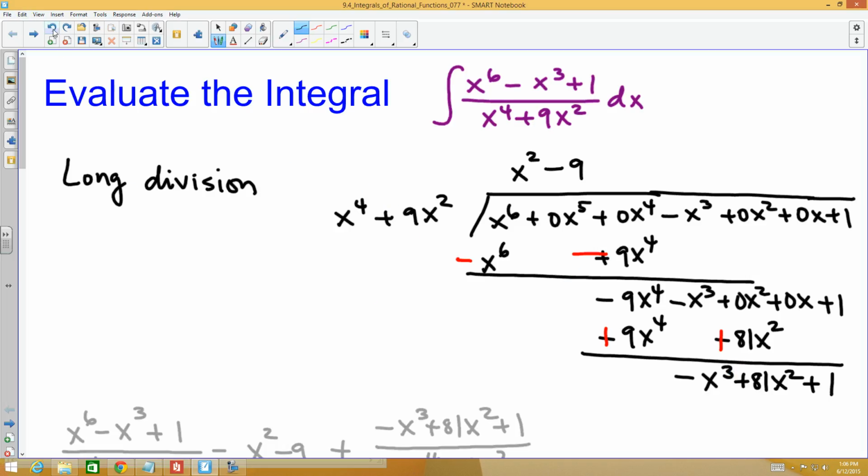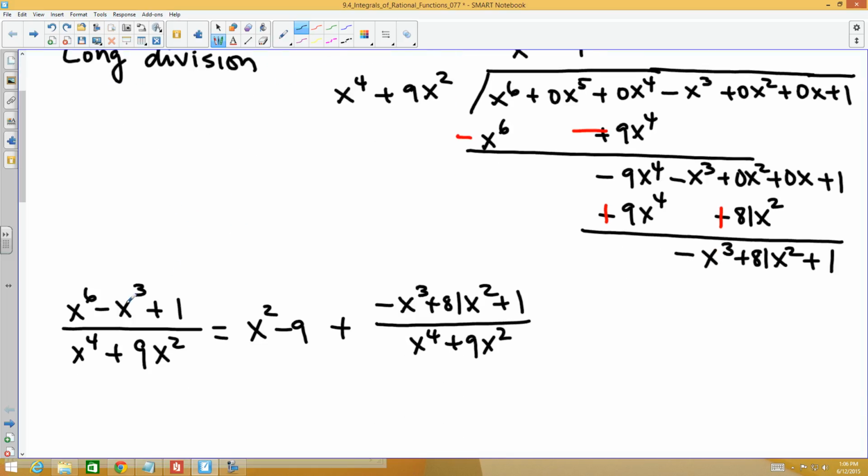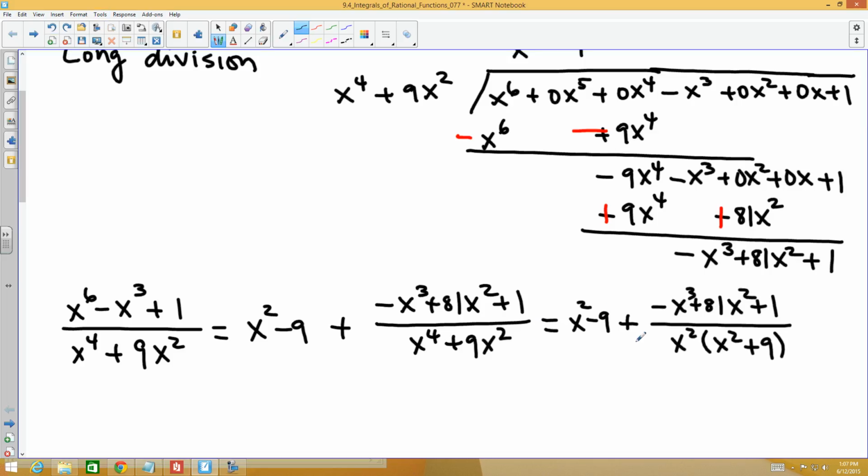This leads us to the given integrand being x^2 - 9 plus the remainder, negative x^3 + 81x^2 + 1, divided by the denominator we had at the beginning, x^4 + 9x^2.